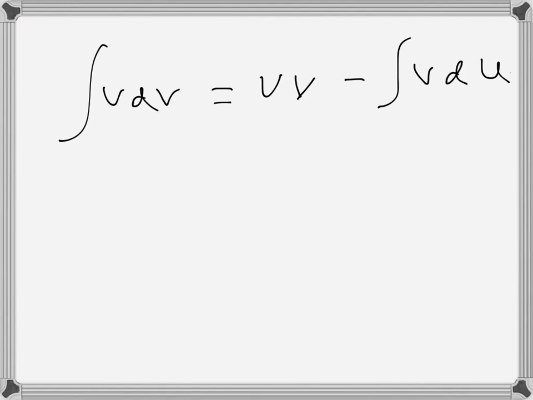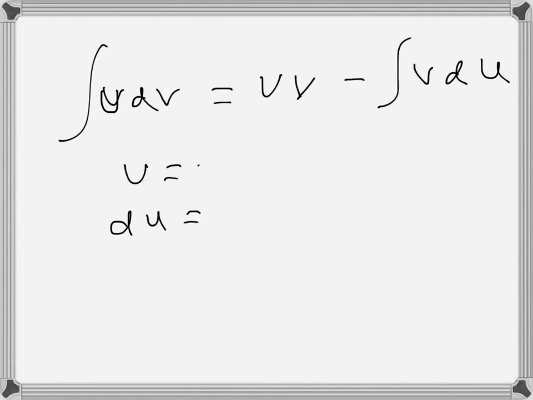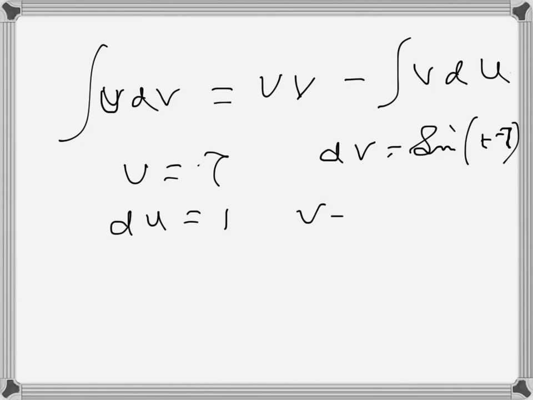Let's say u is tau, because we are doing it in terms of tau, so du will be 1, and dv is sine of t minus tau, so v will be the integration of that.